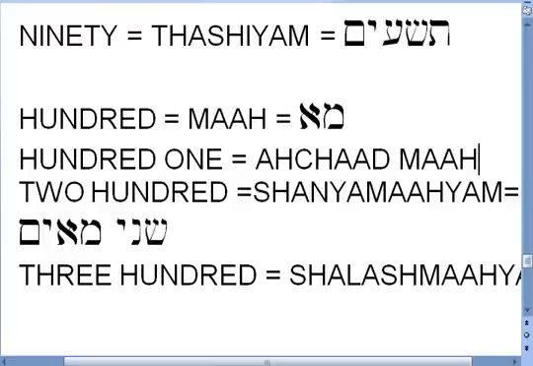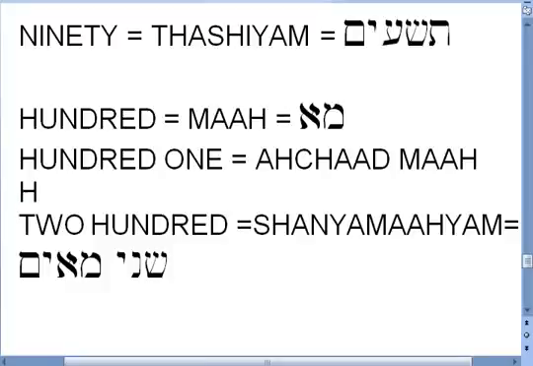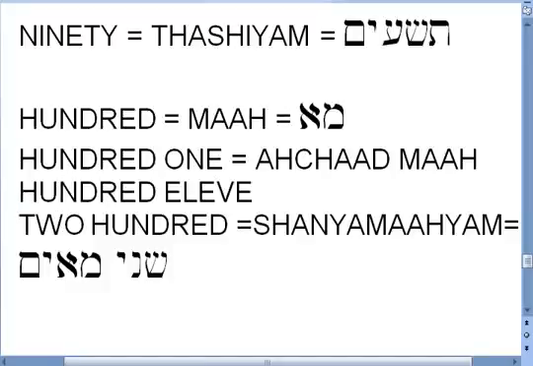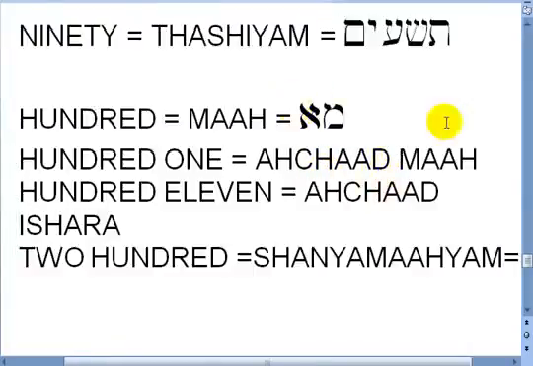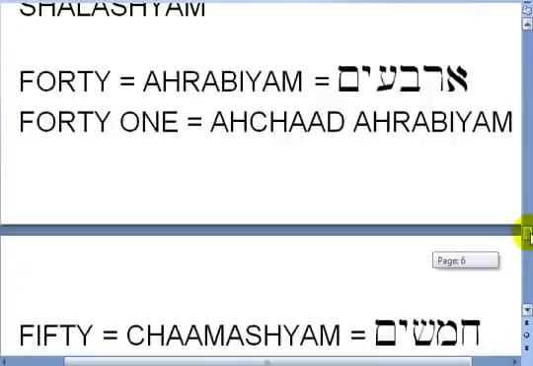And then once you get to 10 and you want to move on to 11, you just build it up as you did the 11. If you want to do 111, what you would do is put Akkad Aishara, I believe it was Akkad Aishara, which I've got to go up to make sure. 11.